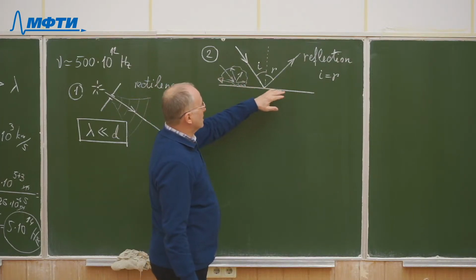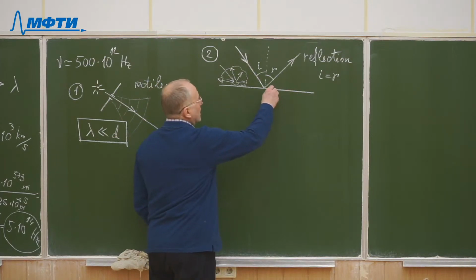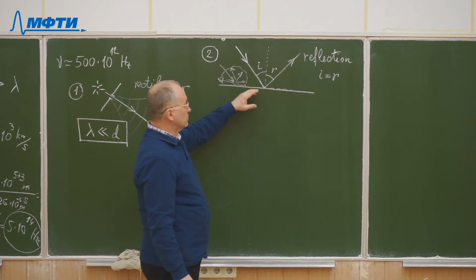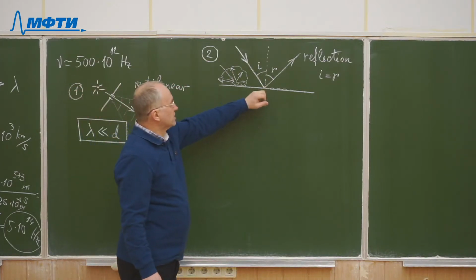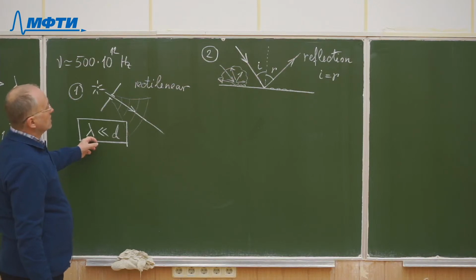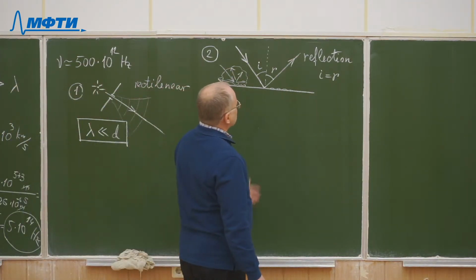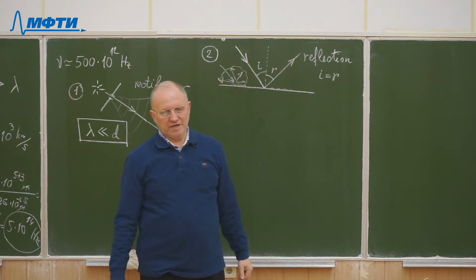It will always be a little bit rough, at least on the atomic scale, because there are atoms and molecules. But if the dimension of this roughness is much smaller than lambda, then this surface will act like a mirror with perfect reflection.